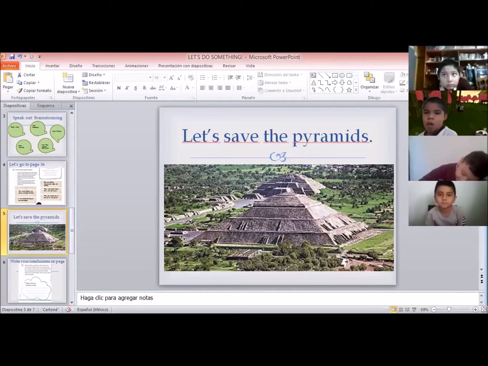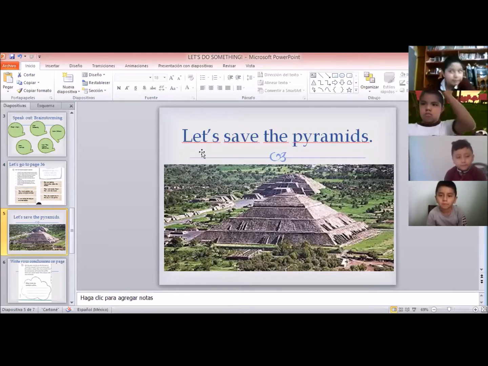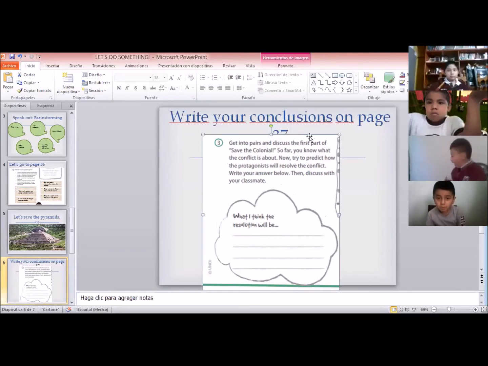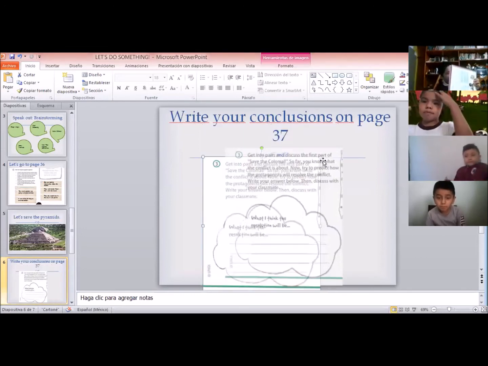In those 4 minutes, you're going to make a resolution of what you would do to save Teotihuacan, okay? You're going to have 4 minutes to speak with your partners and to write here in the activity number 3 on page 37. Let me put it a little bit smaller.